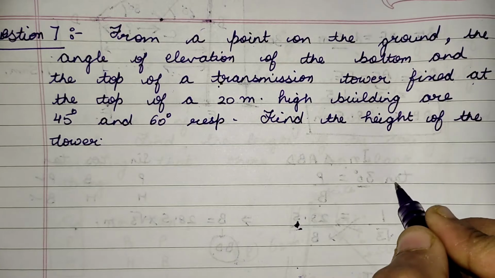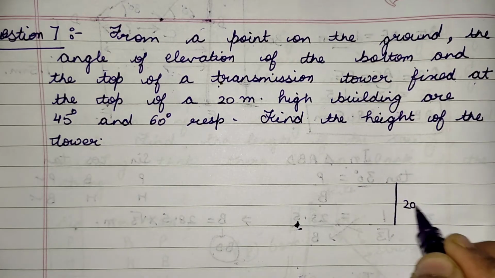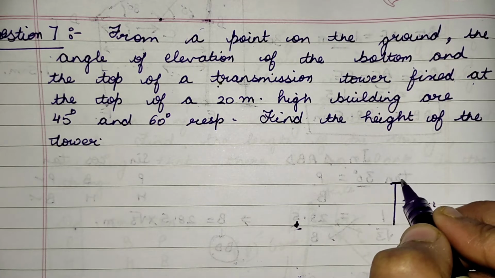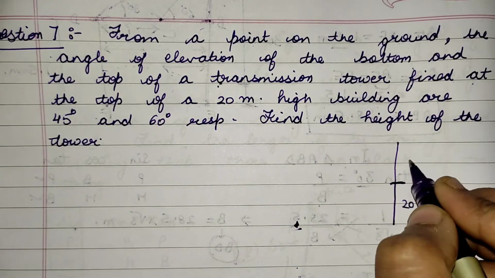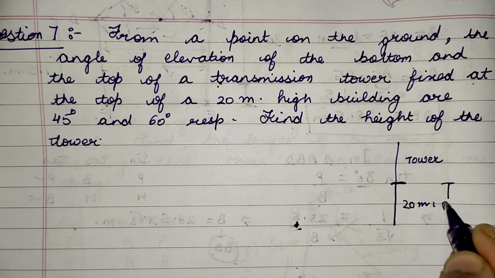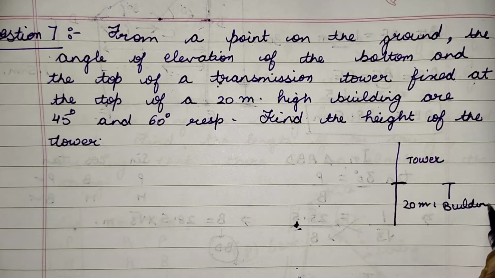See, there is a 20-meter high building, and at the top of this building a tower is there. Okay, so this is a tower which is placed at the top of a building.